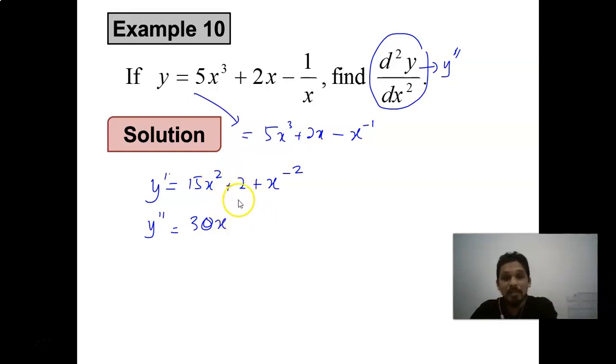Differentiate 2, a constant, equals 0, and then negative 2 times positive, minus 2, x to the power of negative 2 minus 1, negative 3. And this is 30x minus 2 divided by x cubed.